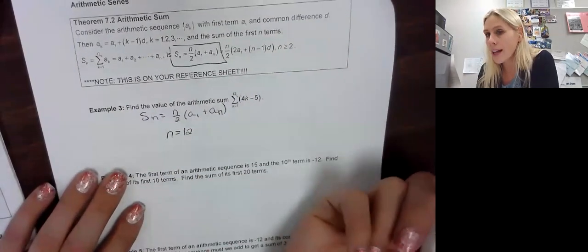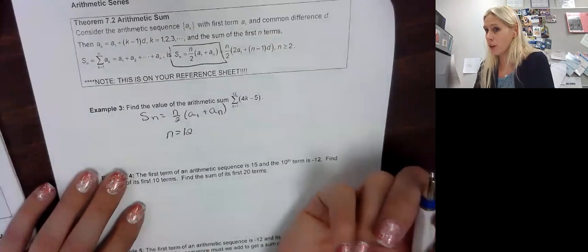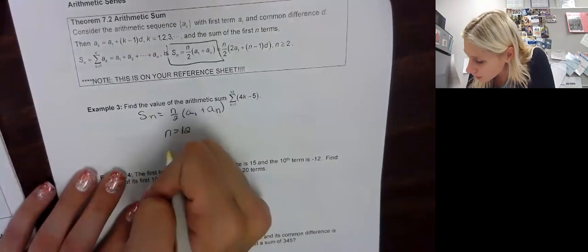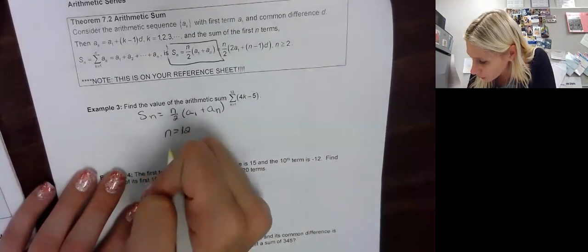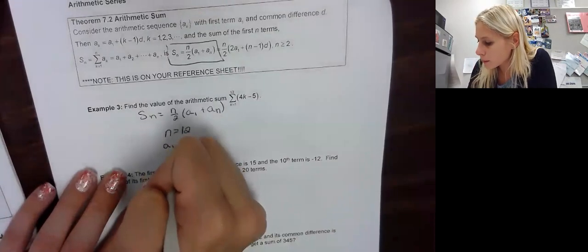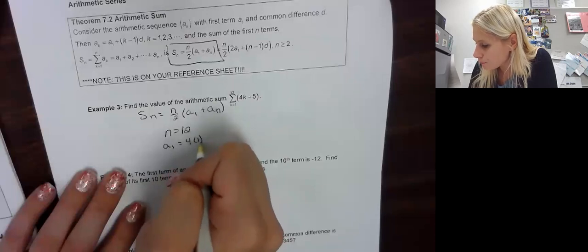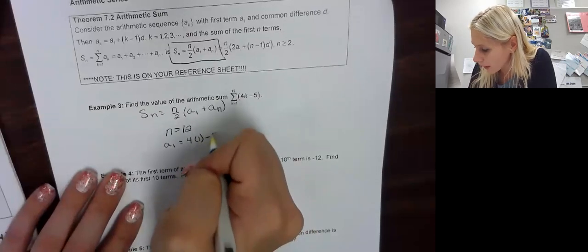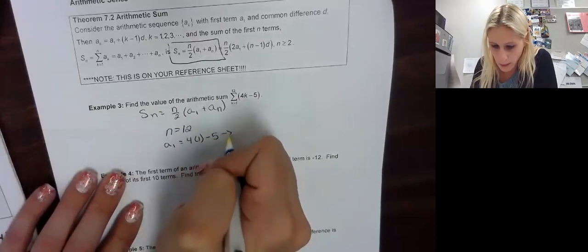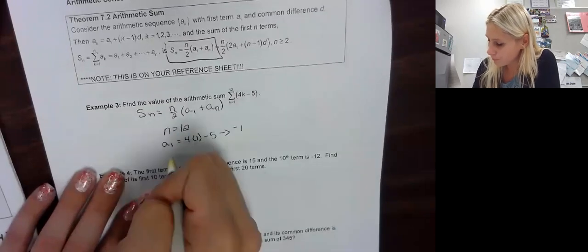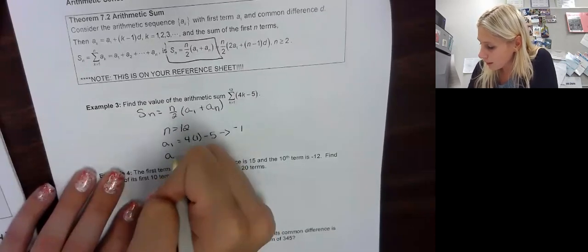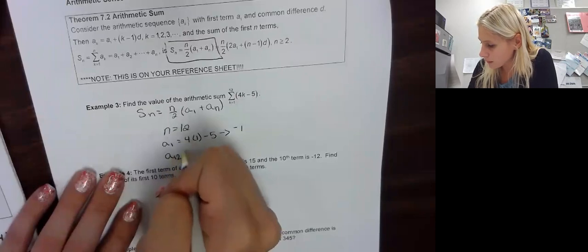Now, how do I find the value of the first term and the value of the last term? What we do, guys, is we actually evaluate that. So a sub 1 would equal 4 times 1 minus 5, which we know is -1. Then we're going to do our last term value, which is a sub 12.